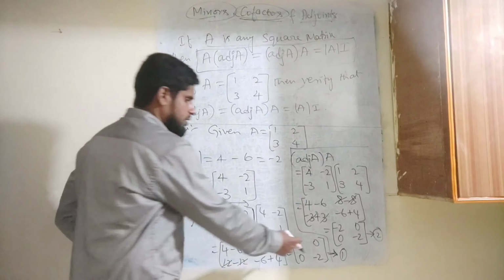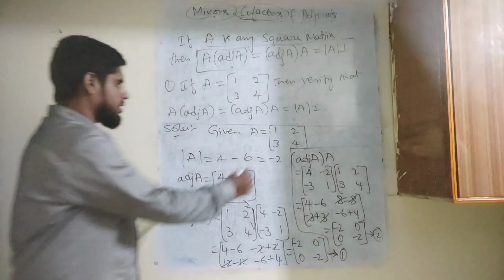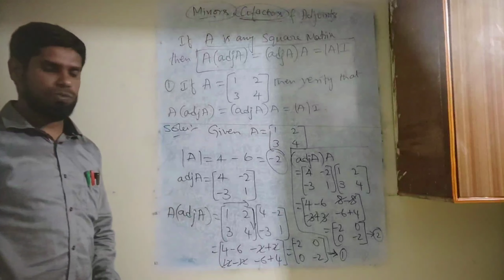Now I should check that these two are equal to determinant A into I. I already got the determinant of A, which is minus 2.